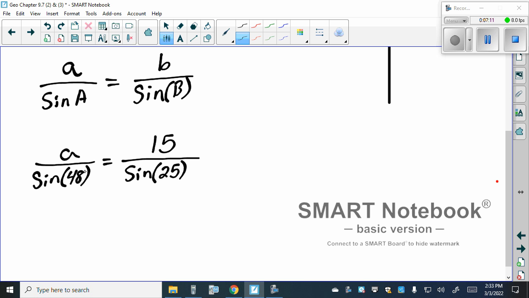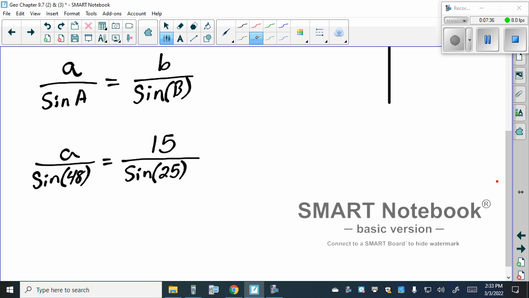So we would have A over sine of 48 is equal to B over sine of B, which is 15 over sine of 25. So we plugged in angle A because it's the angle opposite side A. We plugged in the side length of B, which is 15, and the angle opposite B, which is our 25. Questions on this here? So really, we just plugged in the values that were given to us.